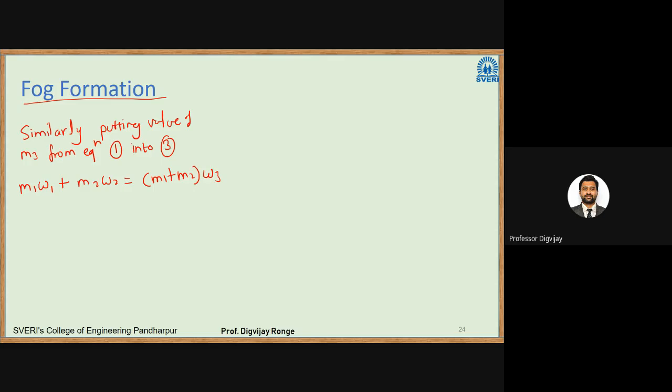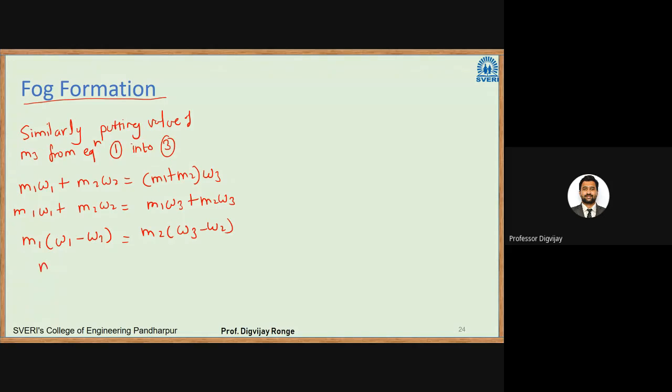Now if I simplify this again, I will get a similar result. So this will be M1 W1 plus M2 W2 will be equal to, I will simplify this bracket, M1 W3 plus M2 W3. Now if I take all the M1 terms on the LHS and M2 terms on the RHS, this will be M1 into W1 minus W3 will be equal to M2 into W3 minus W2.